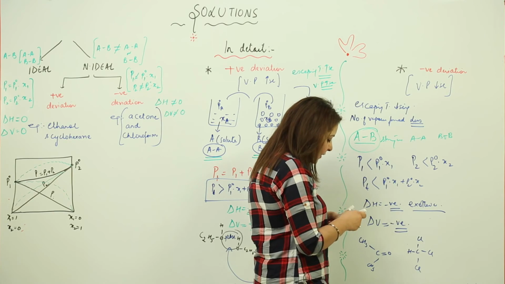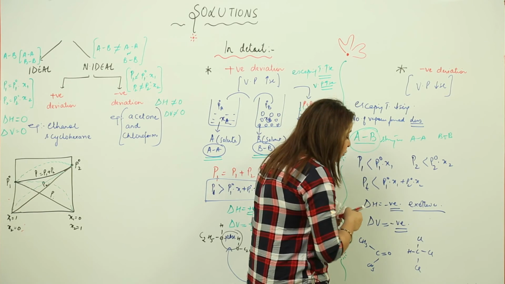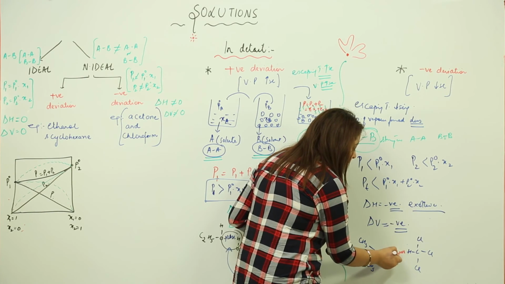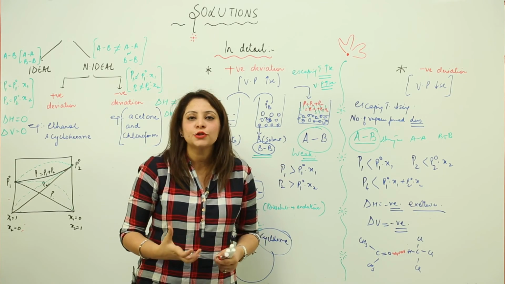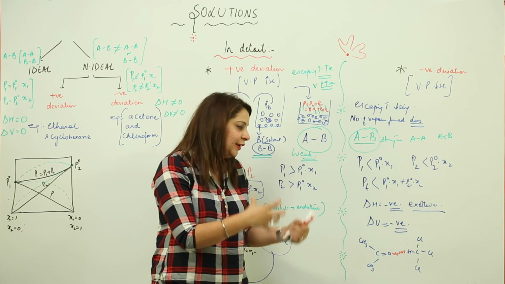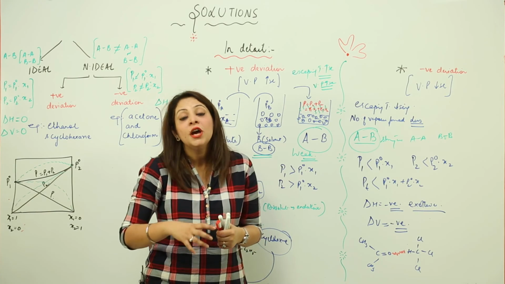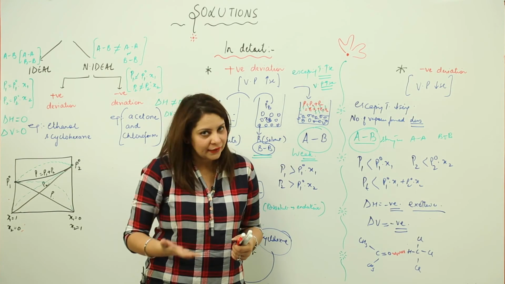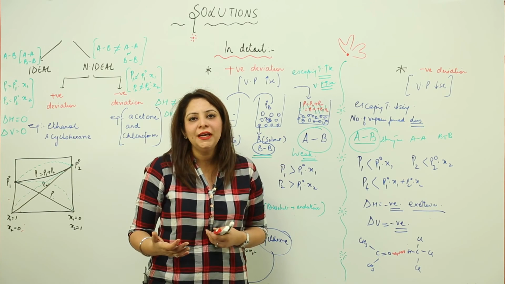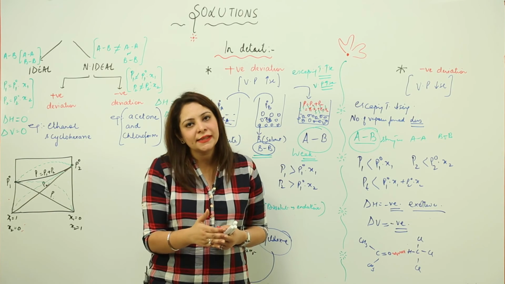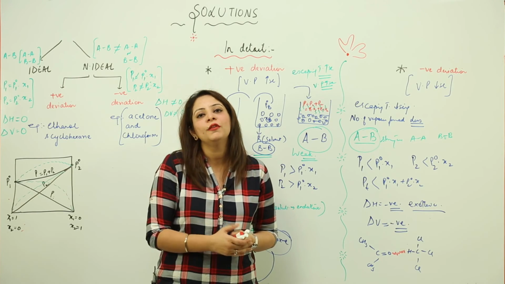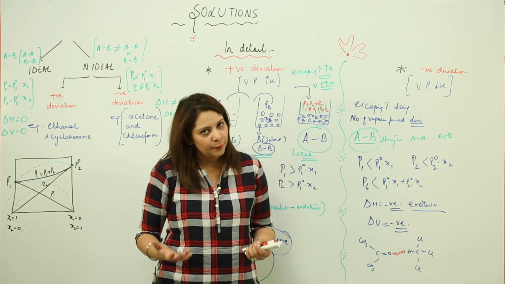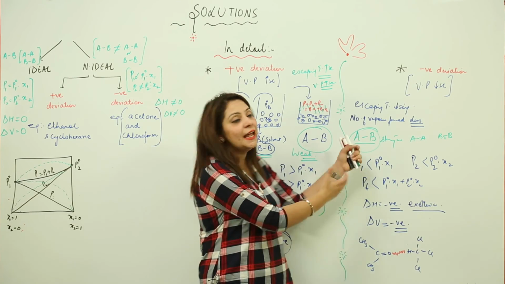Their interaction becomes stronger because it leads to the formation of a hydrogen bond. And you know that hydrogen bonding increases the attraction, so delta V is decreasing and delta H is negative, because now there exist more attractive forces. More attractive forces means less tendency to escape. Less tendency to escape means fewer vapors formed. Fewer vapors formed means less vapor pressure, which denotes the negative deviation.